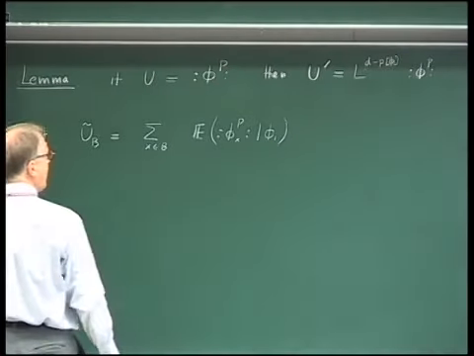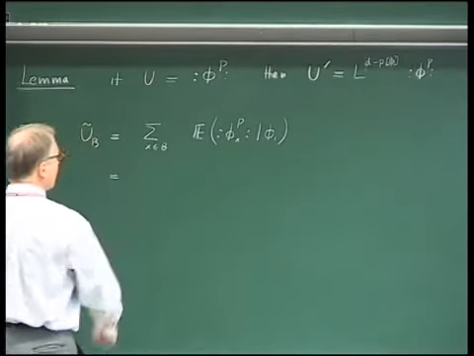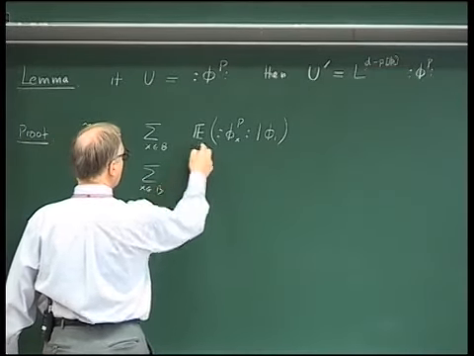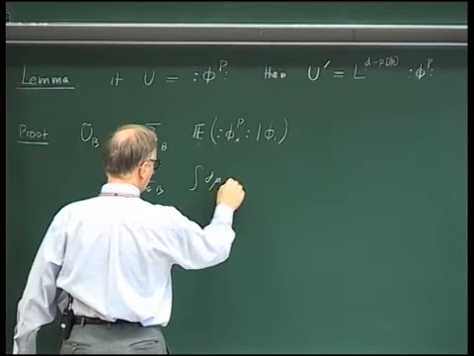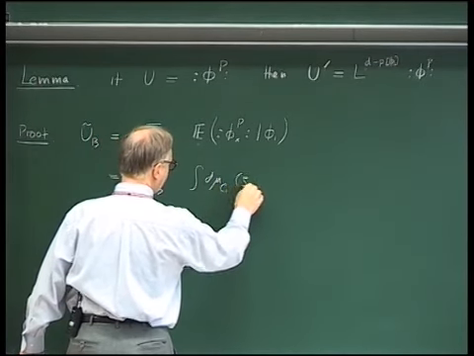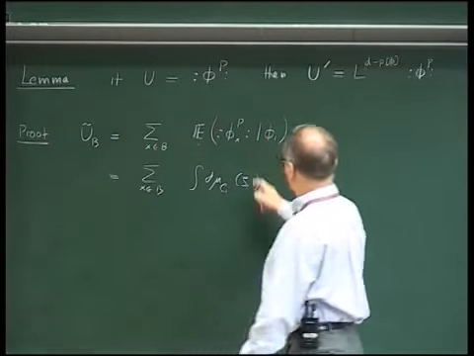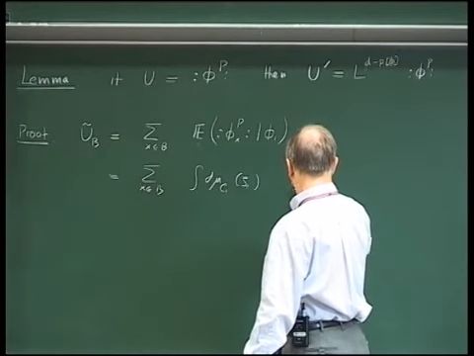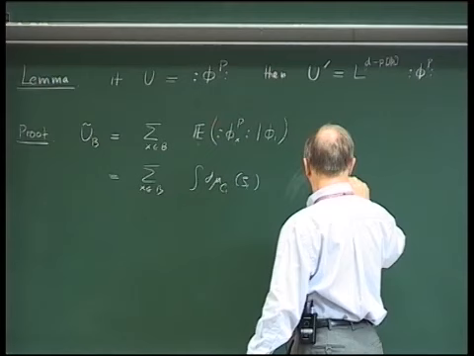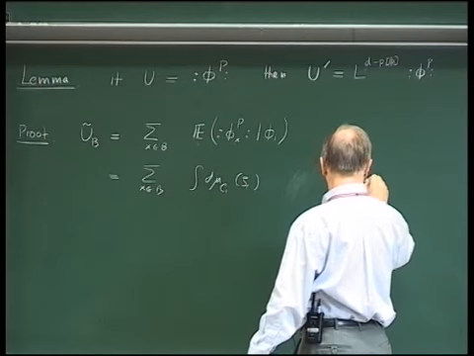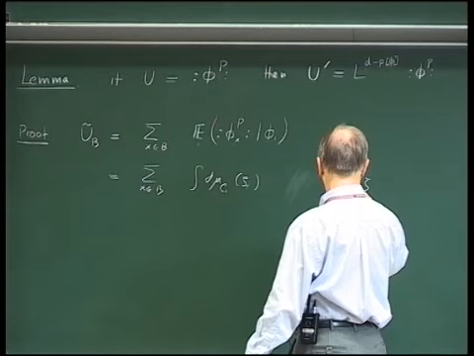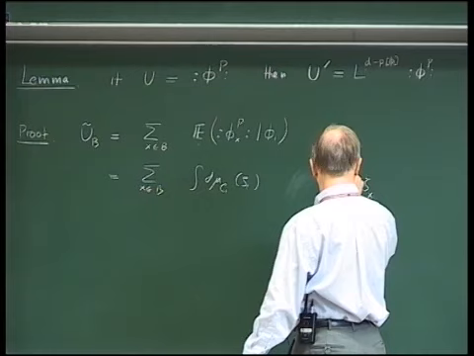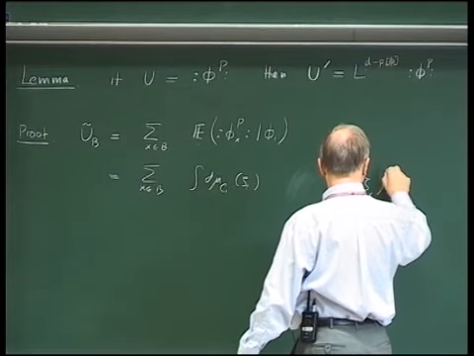So let's look. Remember that this is just integrating out zeta 1, and you have to write phi x plus zeta x to the power of p.